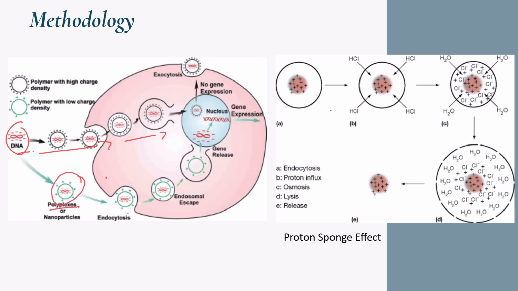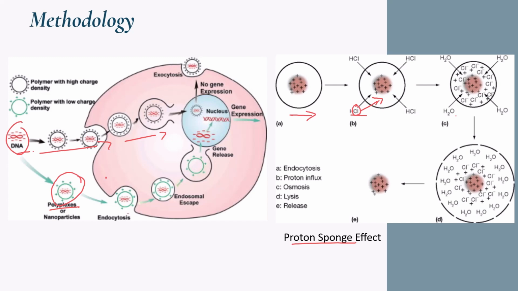And now here is the proton sponge effect. I had already explained it, but this diagram is much clearer, so I will just explain it once more. Here the endosome is there, and since there are positively charged particles inside it, the HCl releases chloride ions into our endosomes, and these chloride ions provide a negative charge inside it.